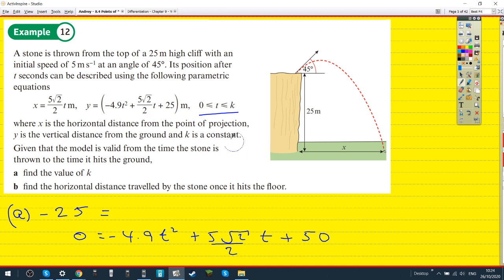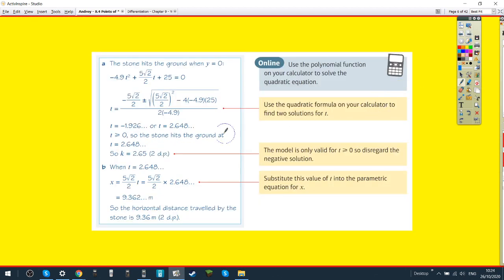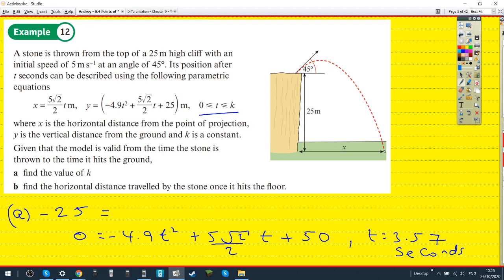My two values are 3.574 and minus 2.853, or even 3.57475. Hey, let's take a look. Okay, where did we go wrong? No, I was wrong. It's when y equals 0. So change c to 50.